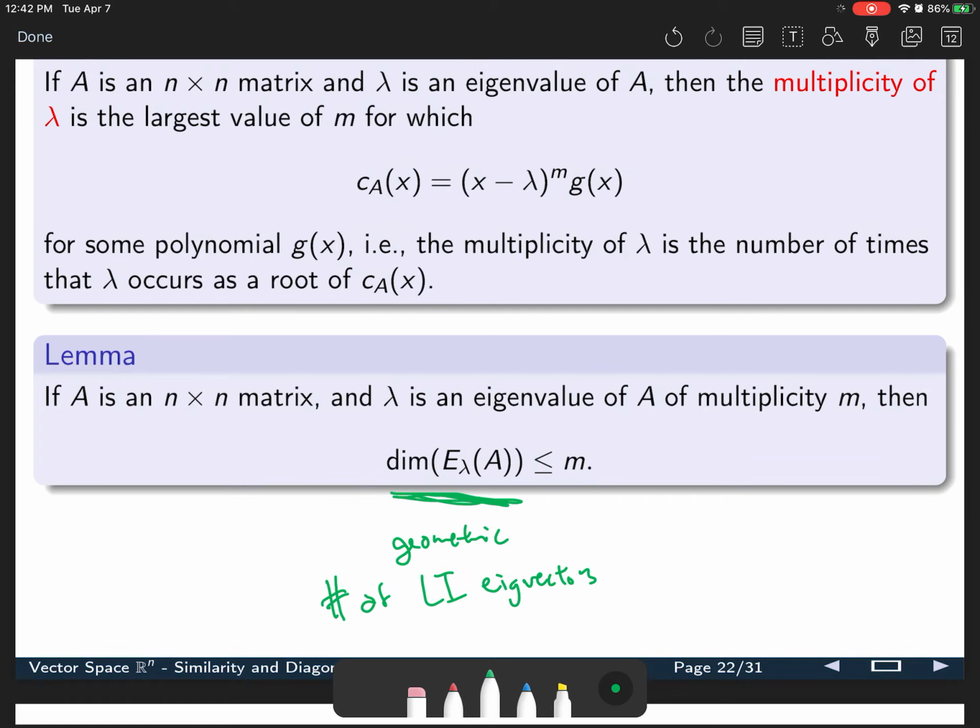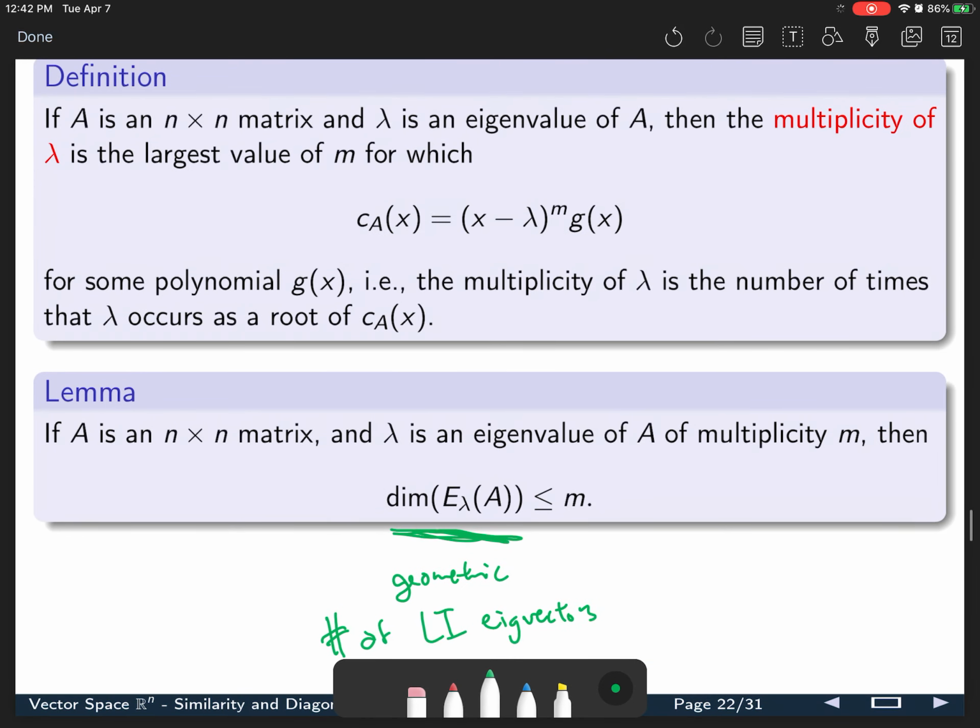And so always the algebraic multiplicity will be at least as big as the geometric multiplicity. If we're diagonalizable, those things are equal. But in the case when we're not diagonalizable, we'd always have n eigenvalues, but we might not have enough eigenvectors to actually span the n-dimensional space.